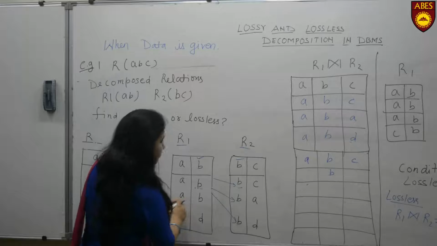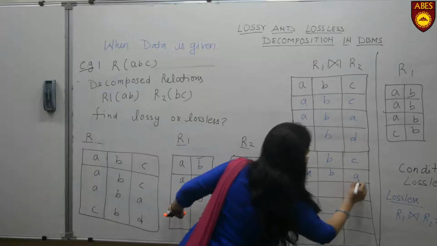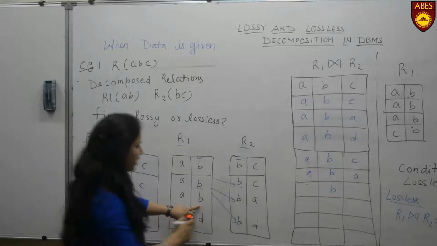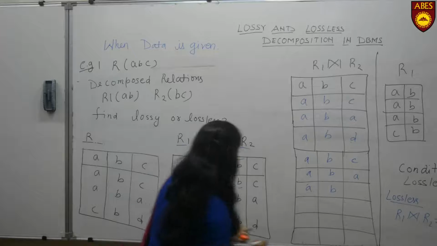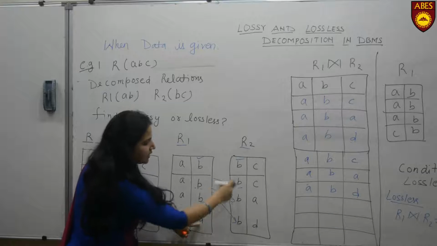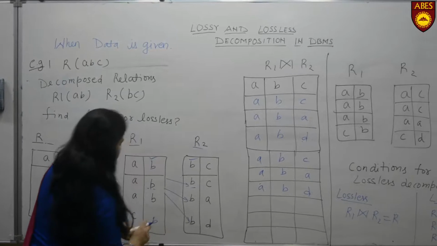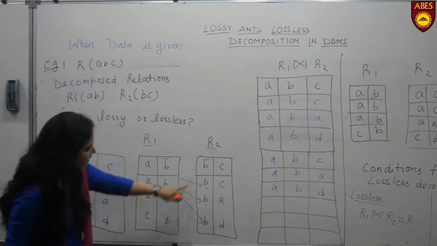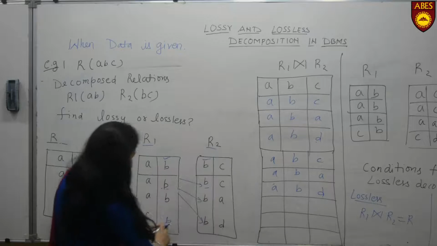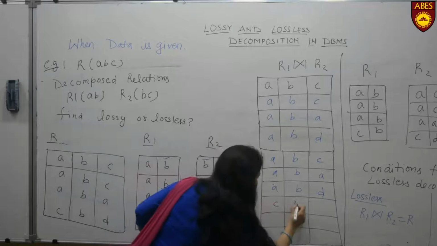For the next, we have A, and here we have A. In this way, we will fill all the entries for the table, and the table will be like this. Again, the third row of R1 will be compared with each and every row of R2, and it matches each and every row of R2. So the example will be like this. This will be compared with this, and the corresponding entries of C and A will be written down like this.